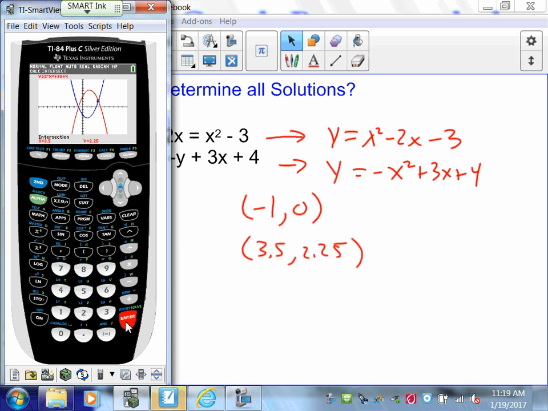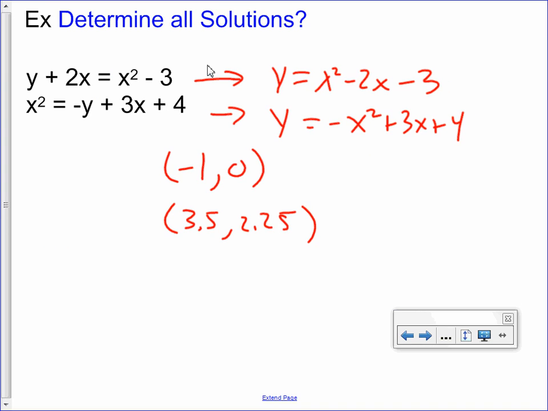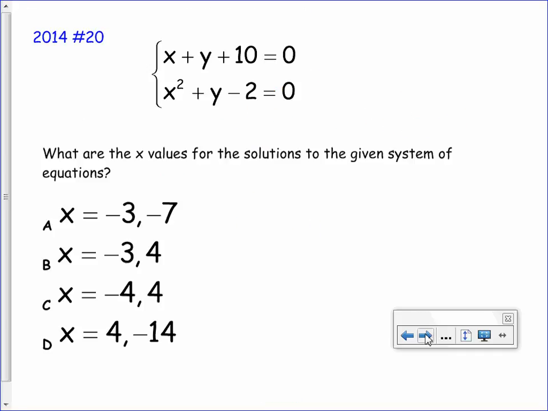Here we go. Next, go up to this one. All right. Set it up. Y equals -x minus 10.